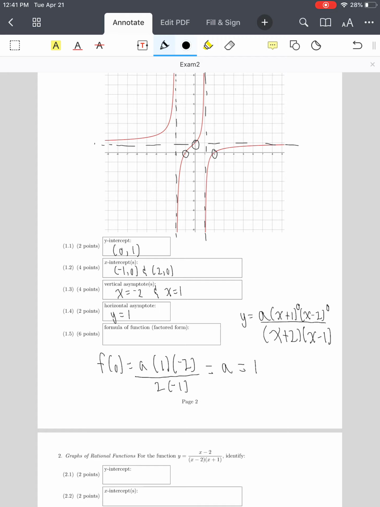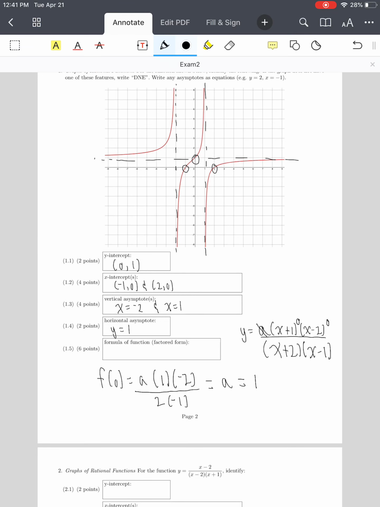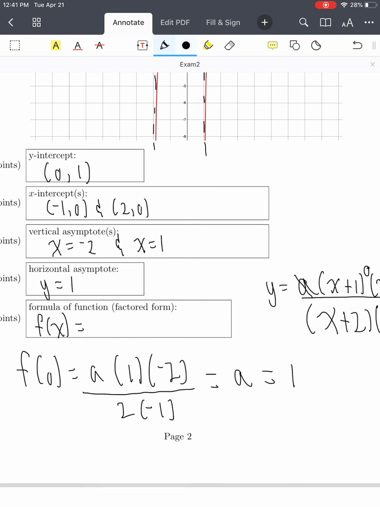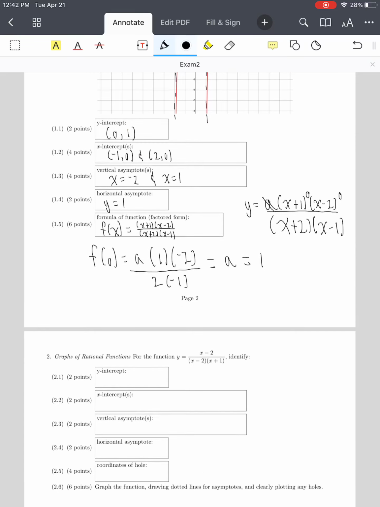So that tells us that a equals 1, and we can just ignore it. So here, our function is f of x equals (x plus 1)(x minus 2) over (x plus 2)(x minus 1). There we go for problem 1.